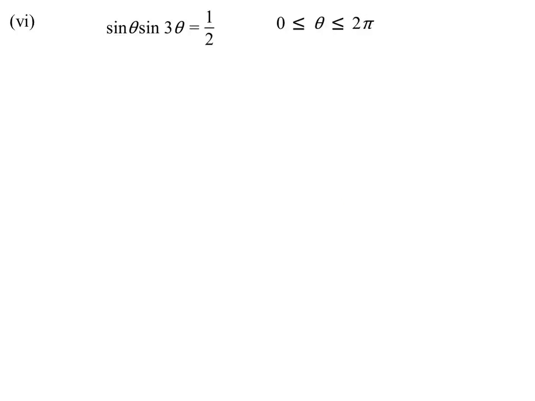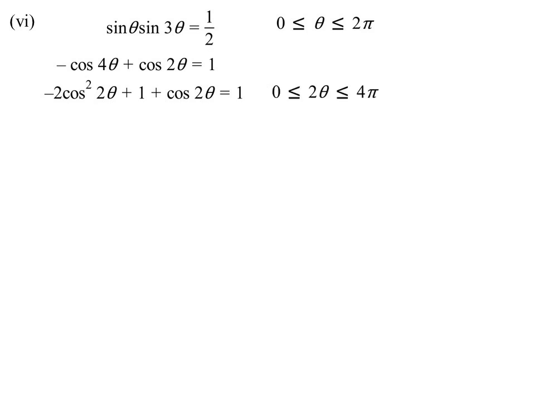Sine theta, sine 3 theta equals a half. So here's one where I can change my product into a sum. So it becomes minus cos 4 theta plus cos 2 theta equals 1. Now, I'll use a double angle result on that 4 theta. I get minus 2 cos squared 2 theta. We can make it look like a quadratic. But by the way, don't forget to change where we're looking for answers.